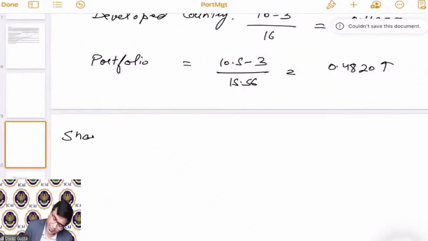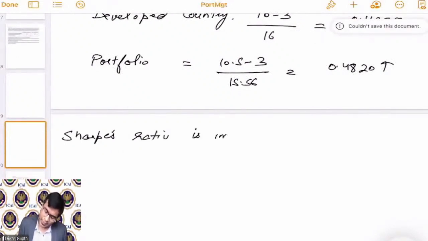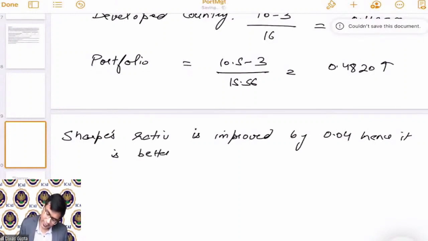So the Sharpe ratio is improved by 0.04. Hence, it is better to invest.